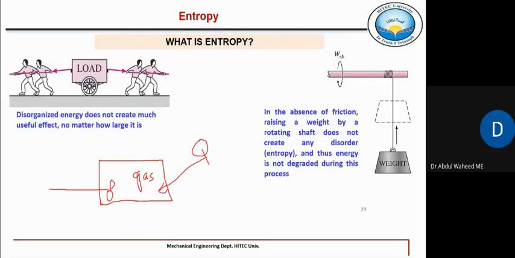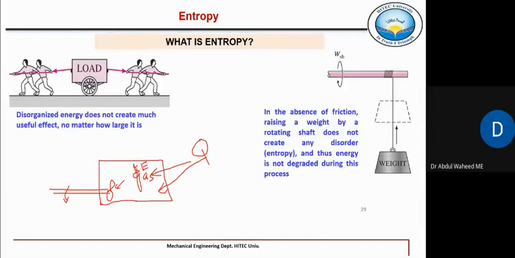And if we have this paddle wheel or stirrer inside this gas, no matter how large the kinetic energy of these molecules gets, however much you increase it by adding heat, this gas will not make this paddle wheel rotate.